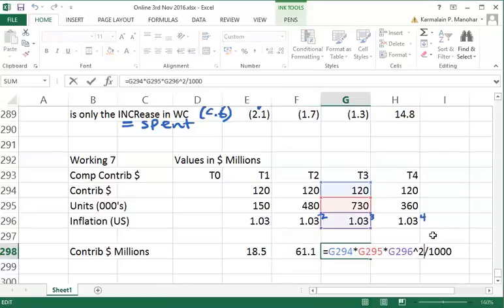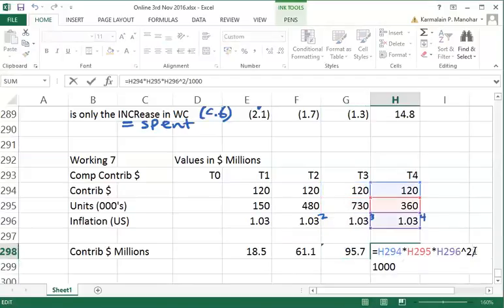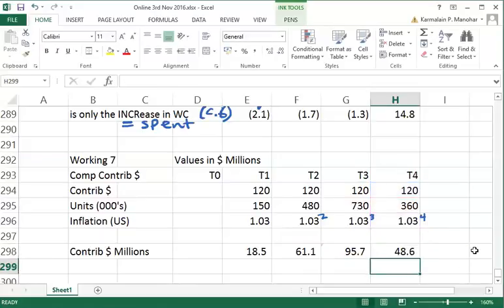Change that to cube here, and change that to power 4 here. Right, 18, 61, 95, 48. Yeah, these are the contributions in millions.